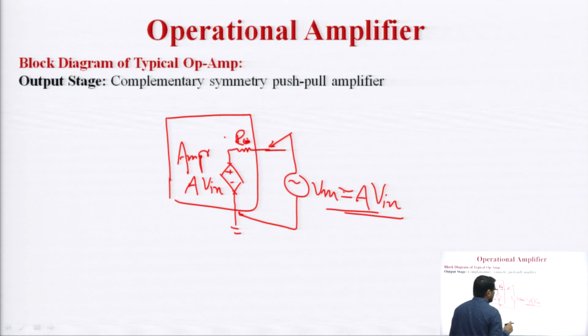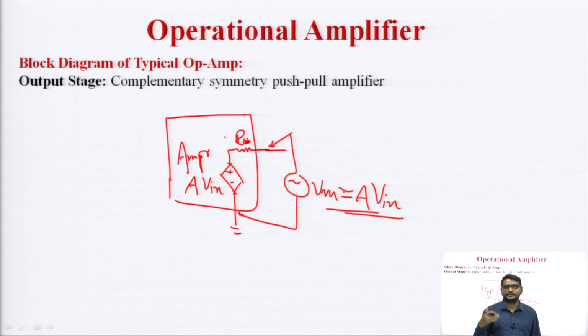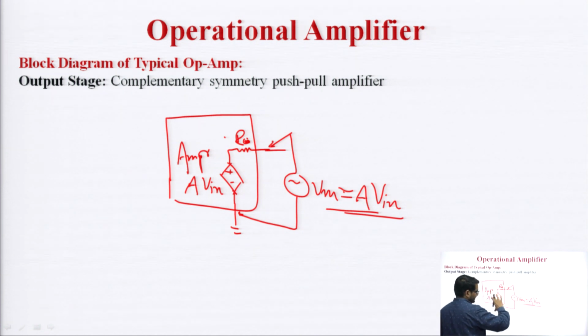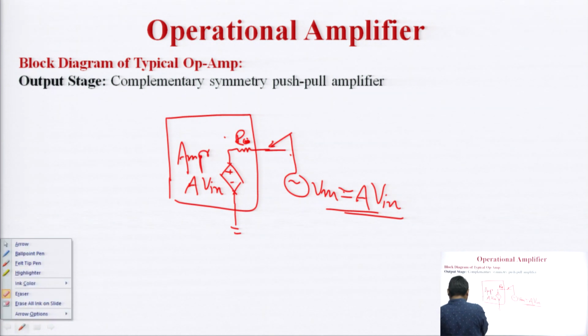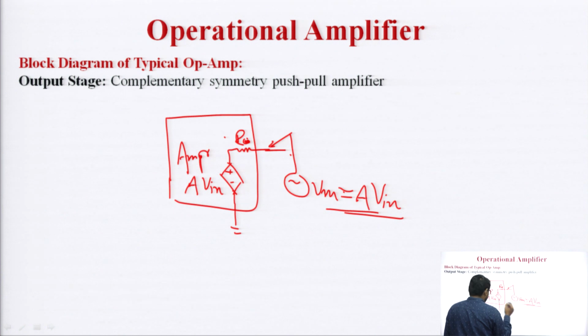For example, we consider the amplifier as a voltage controlled voltage source device. Then if we measure the output side of the amplifier with the multimeter, we get VM.